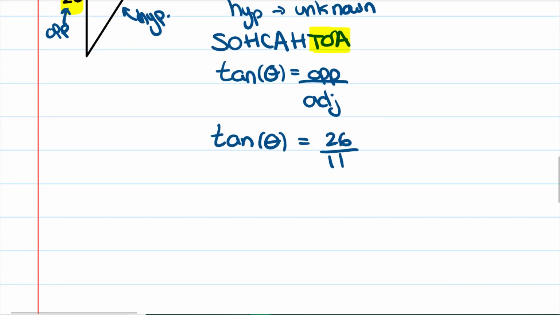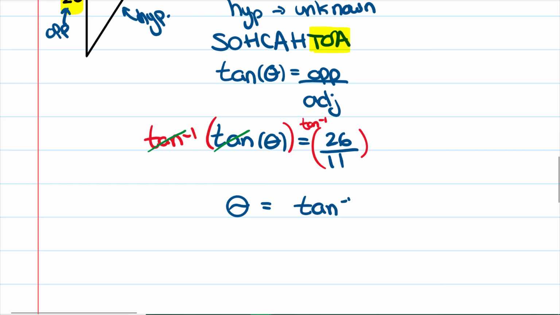Now this is where this starts to get different, because now we actually have to use the inverse function. So you write it like this, tangent inverse of both sides. These will actually cancel each other off. Again, you're not dividing by it, you're taking the inverse of it. So theta is equal to tangent inverse of 26 over 11. At this point, you just have to put that into a calculator.